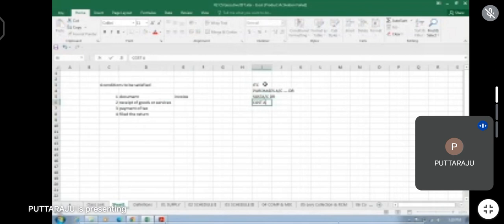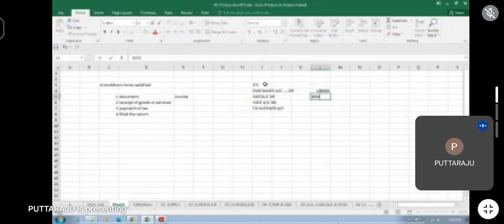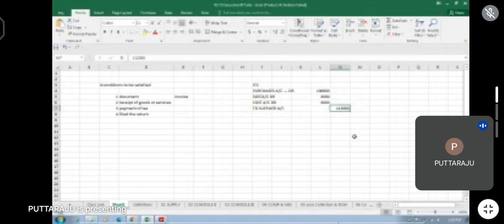CGST account is also debited to supplier account. Assume you purchase a value of 1 lakh on which 12% is the rate of GST, 6% SGST, 6% CGST. Total 1,12,000 you will have to make the payment to the supplier.